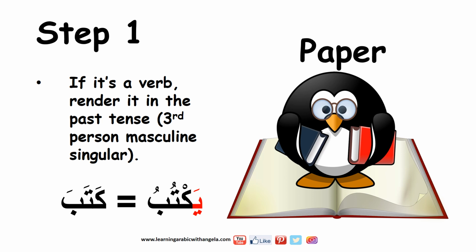Following up on step number 1, which is stripping the word from any additional letters, if this word is a verb, you have to render it in the past tense, that is, third person masculine. For example, يكتب, he writes, has to be rendered in the past tense, third person masculine, and that is كتب, he wrote.